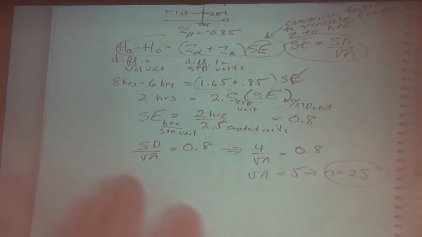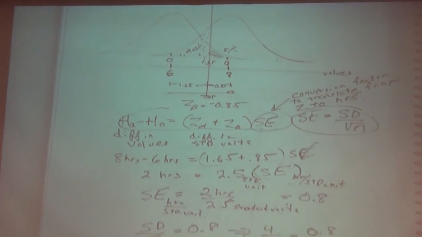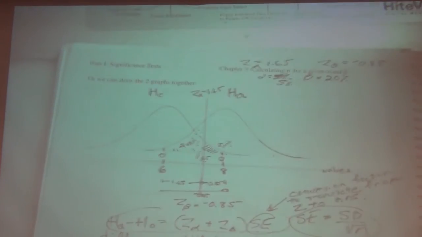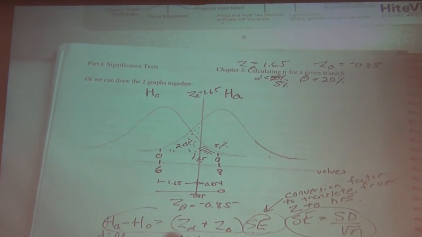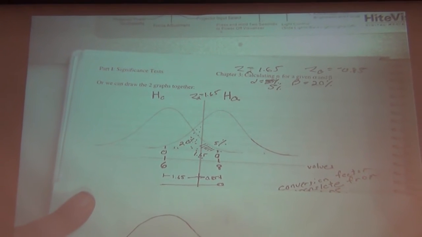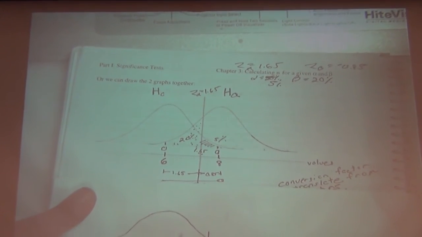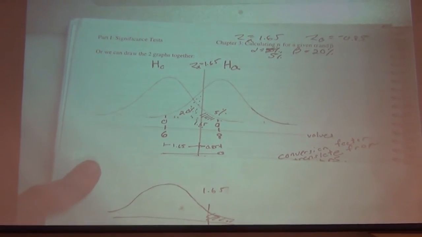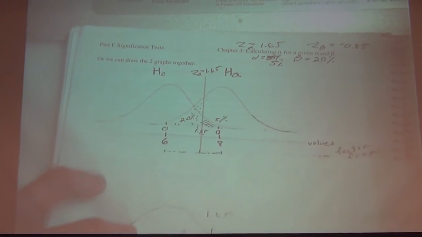Basically, why I'm doing this is to see if it helps you. The idea is this. Let's draw another picture and see if this helps you at all. Say you wanted to reduce the error. You have two curves, and let's keep this at 5%, so that's 1.65.